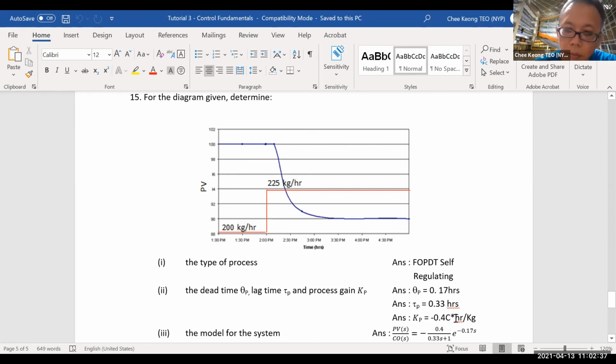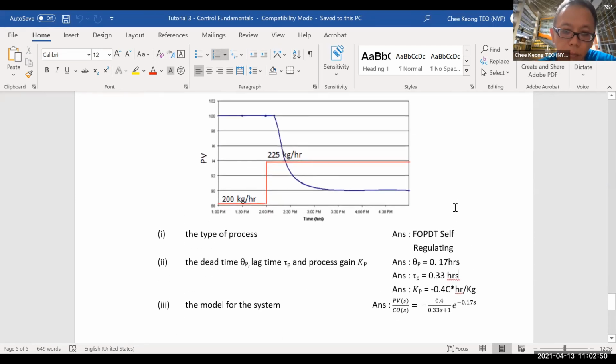The negative sign is because this is increasing and this is decreasing, or because it's an inverted relation. One is going up, one is going down.